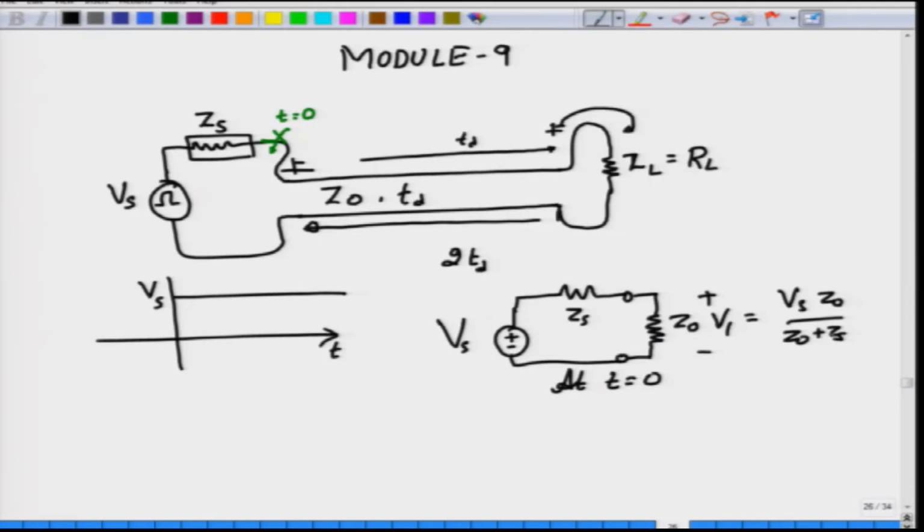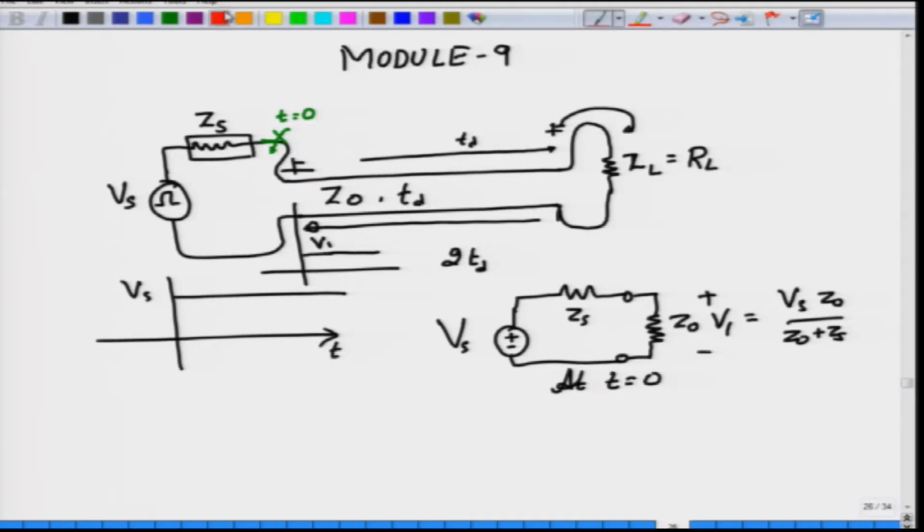While the source may be at Vs, the voltage launched on the line will usually be less than Vs, and it is given by V1 to begin with. This V1 is the step voltage that would start to propagate.